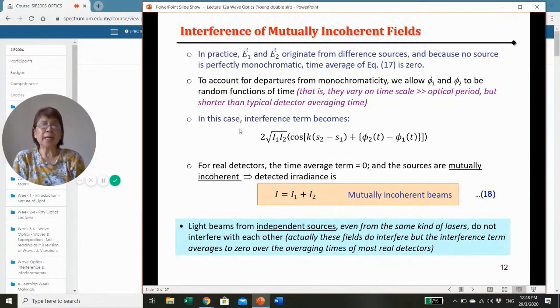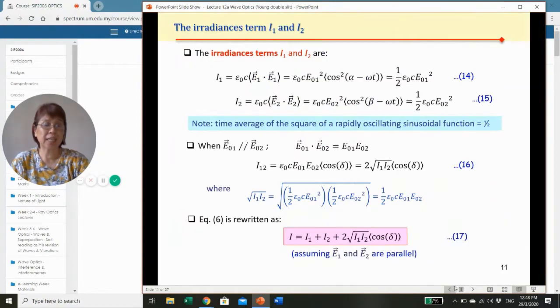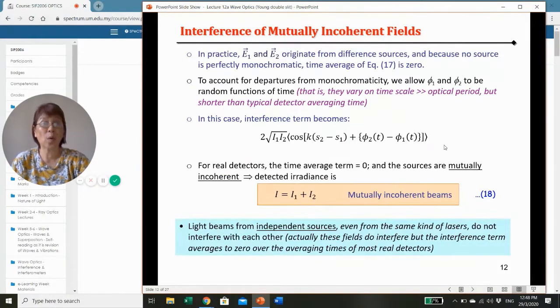Now, in practice, you'll find that E1 and E2 actually come from different sources. We already said that no source is actually perfectly monochromatic. So in that case, the time average of equation 17 here would be equal to 0.